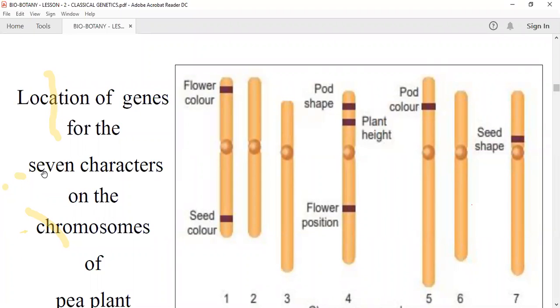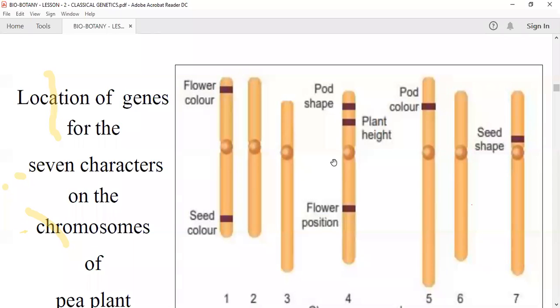So he chose 7 pairs of contrasting characters for this experiment. Let us see the location of the genes of the 7 characters. In the first chromosome, you can see the tip, that is the place of the locus. If it is a tip, it is terminal, which we already studied. There is the flower color, and then here the seed color in the first chromosome.